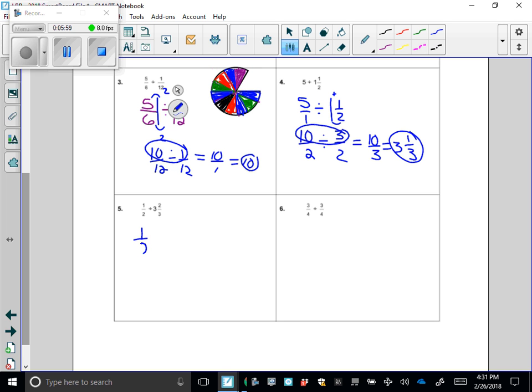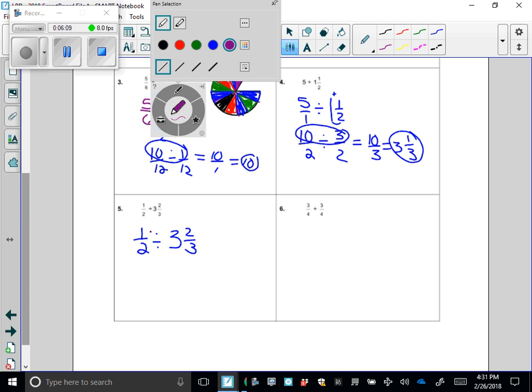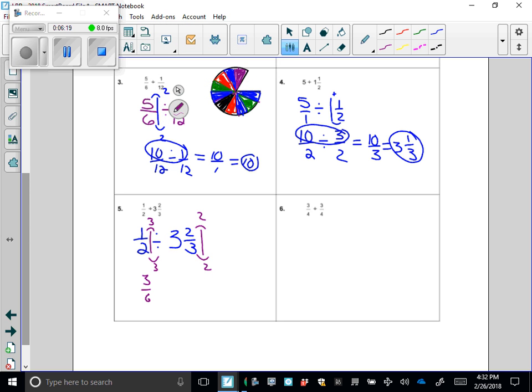This one is 1/2 divided by 3 2/3. So to get a common denominator, we're going to get a denominator of 6's, multiply by 3 here, multiply by 2 there. So that's 3/6 divided by 3 4/6.